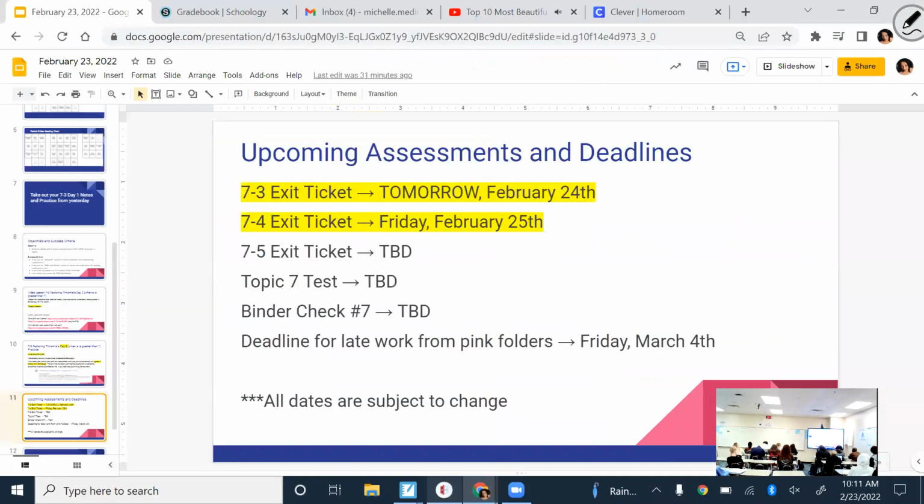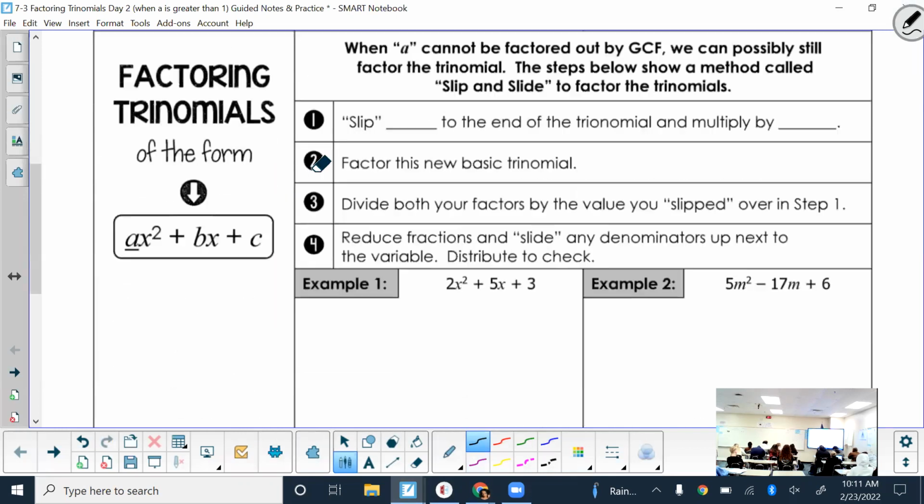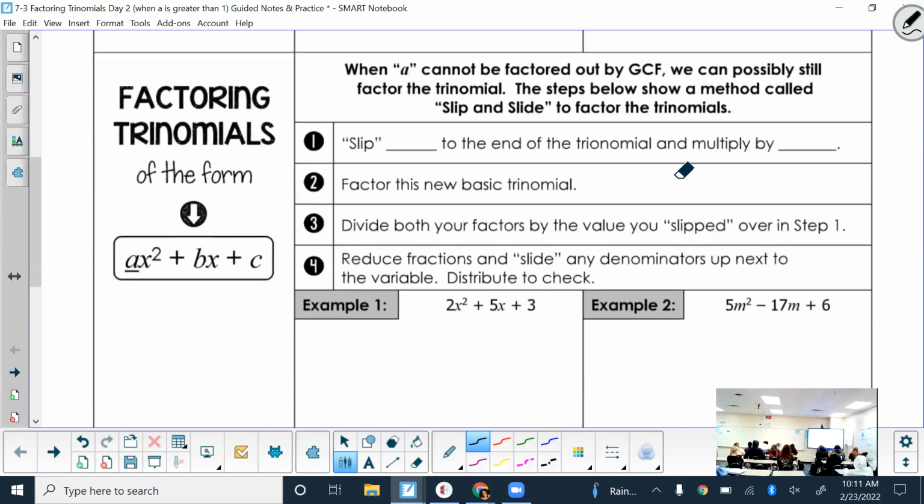All right, so then we're gonna skip the warm up on your note page because I feel like we're warmed up by now. We just finished the practice. So let's look down here. And I'll come back to these steps. They call it the slip and slide method. Other people call it slide, divide, then slide.